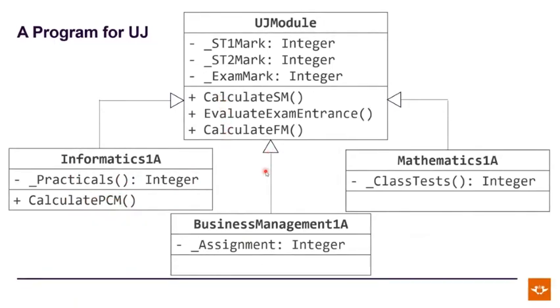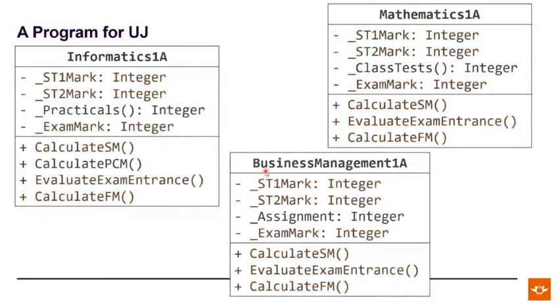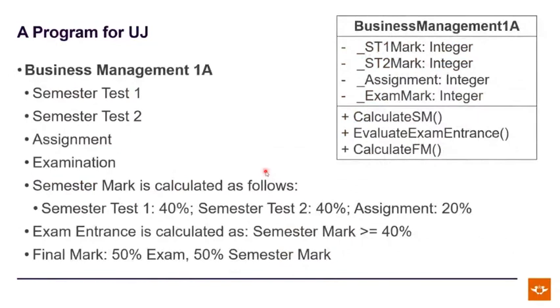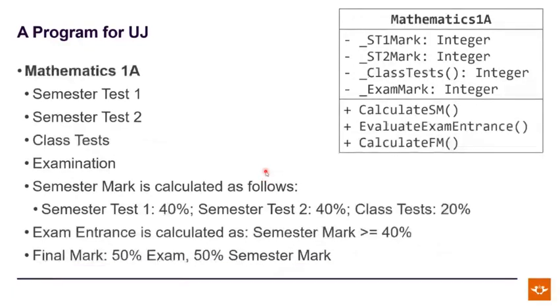Okay. I just want to go back up and double check something. Also keep in mind, is the calculate semester mark the same for all of them? How would we implement the methods and link them from the base class and the derived class?